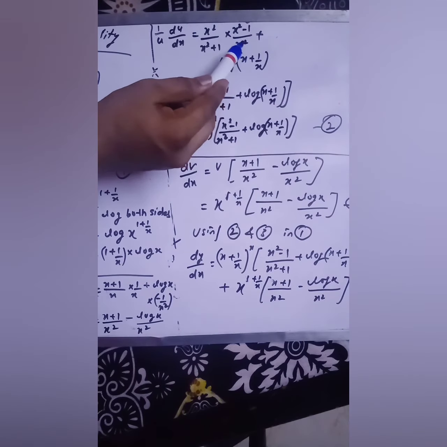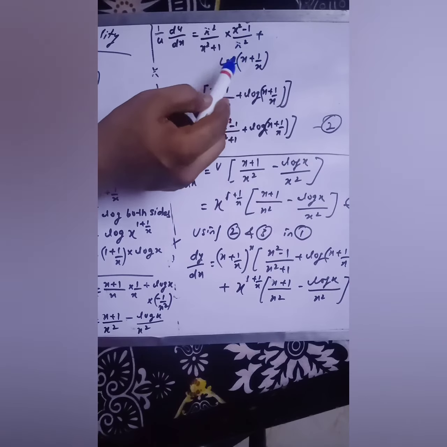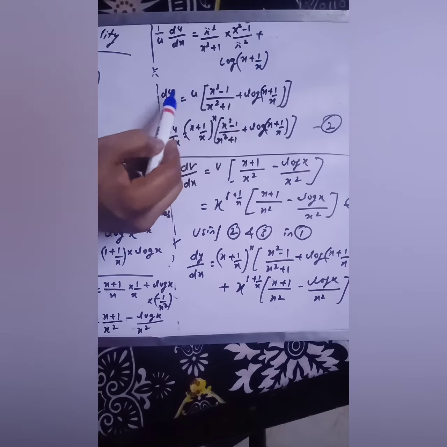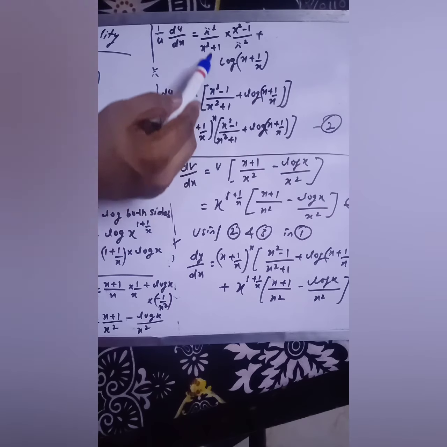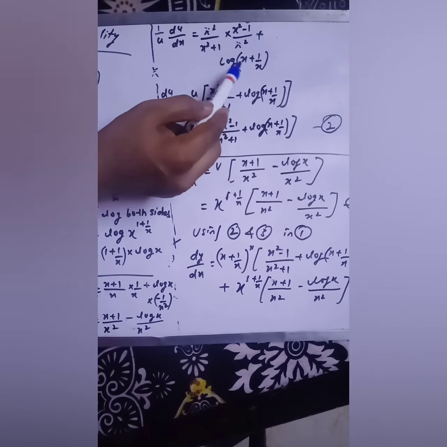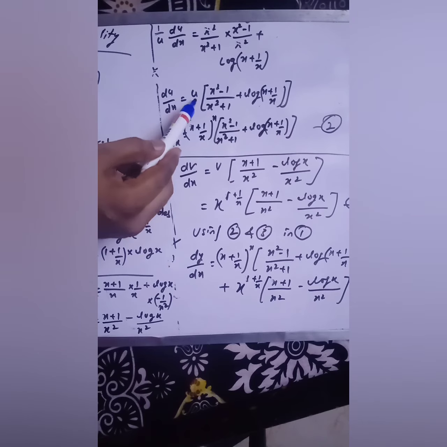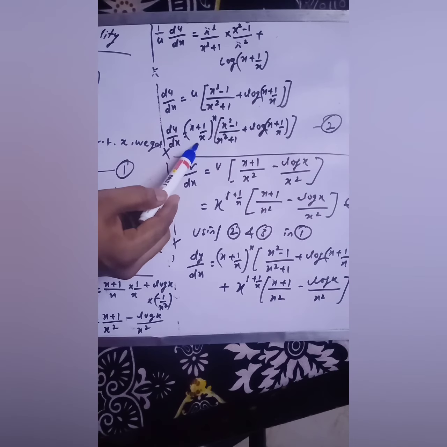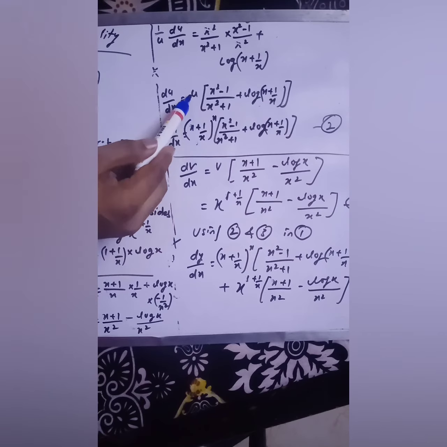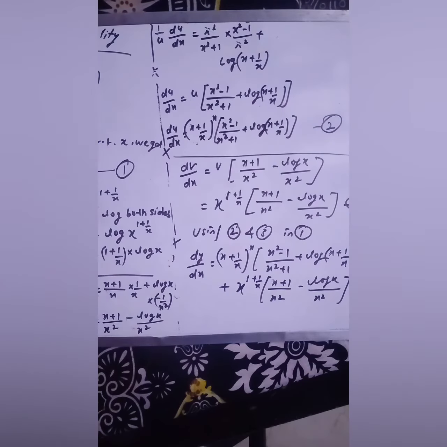So x square will cancel out, and these terms will cancel out, plus log of this. Now u comes to the right side, and you write x square minus 1 over x square plus 1 plus log of x plus 1 by x. In place of u, you have to write what you assumed, so I have just put the value of u here. So this is your equation number 2, the value of du by dx.